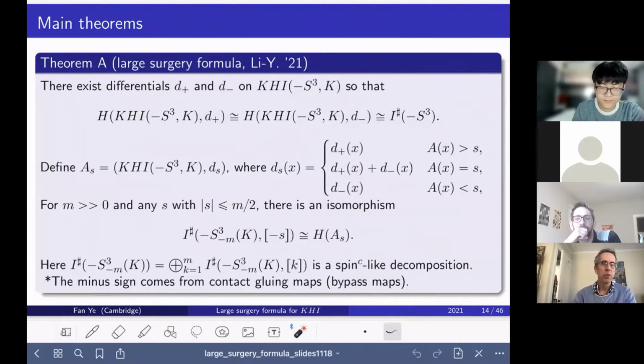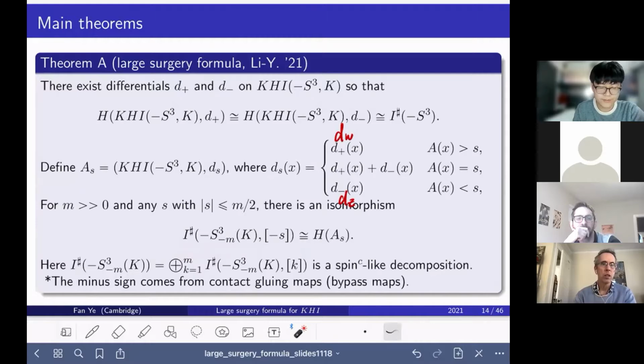And then if we define the band complex similarly by replacing d_w by d plus and d_z by d minus, we get an isomorphism between I sharp of the m-surgery and the homology of the band complex.